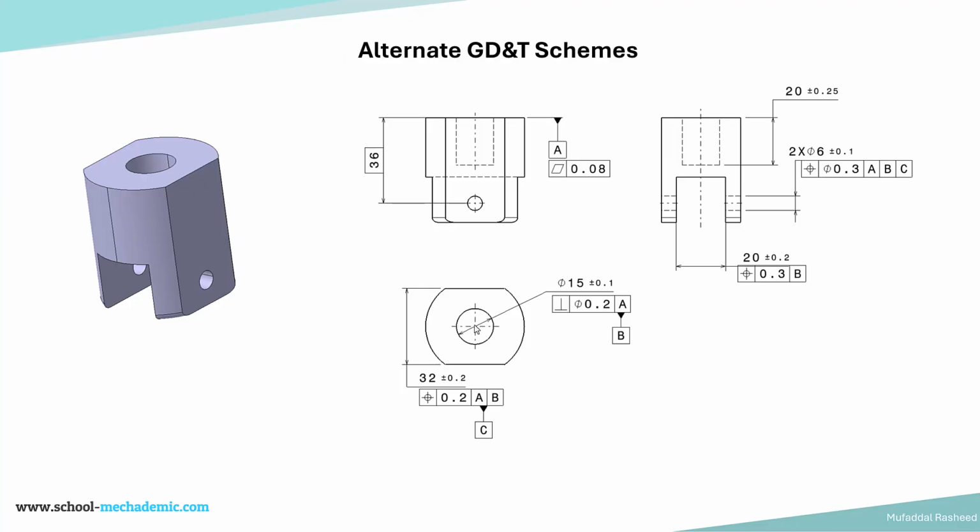So there are two things being controlled over here: the position of the center plane with respect to the axis of the hole, datum B, and also the perpendicularity of that plane with respect to datum feature A, which is this surface. So when we use position tolerance, orientation control is automatically inherent inside the position control. This is an important thing to note whenever we are applying position control on features of size.